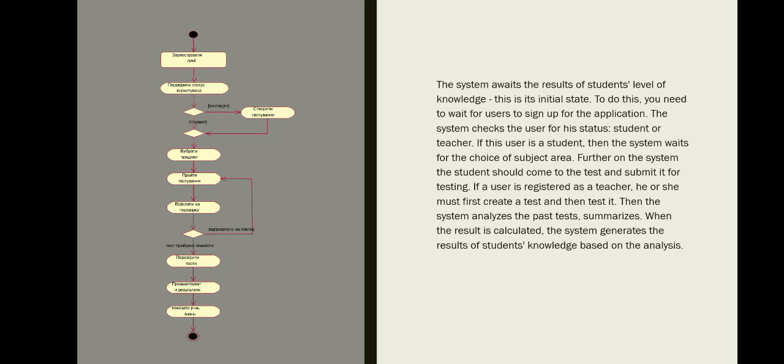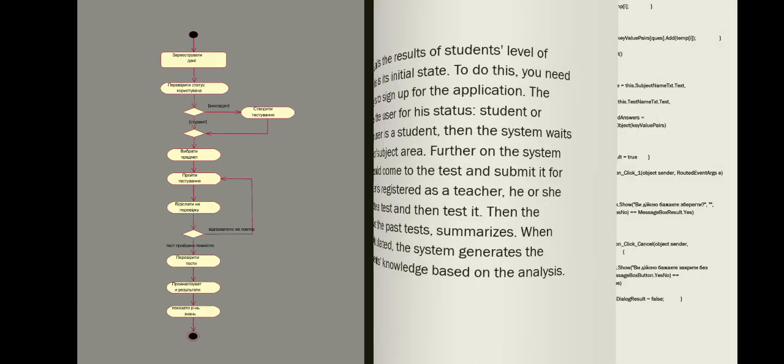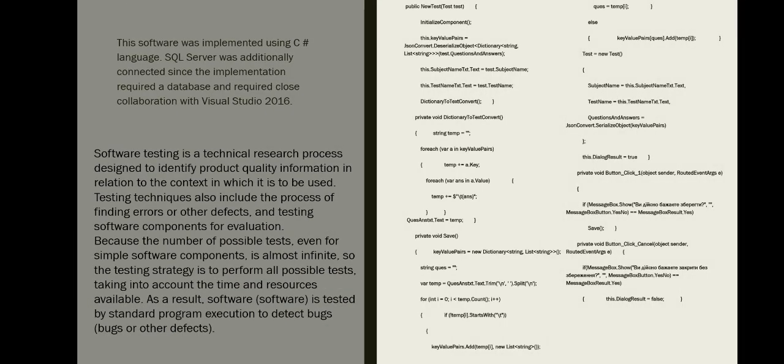This software was implemented using the C# language. SQL Server was additionally connected since the implementation required a database and required close collaboration with Visual Studio 2016. Software testing is a technical research process designed to identify product quality information in relation to the context in which it is to be used.